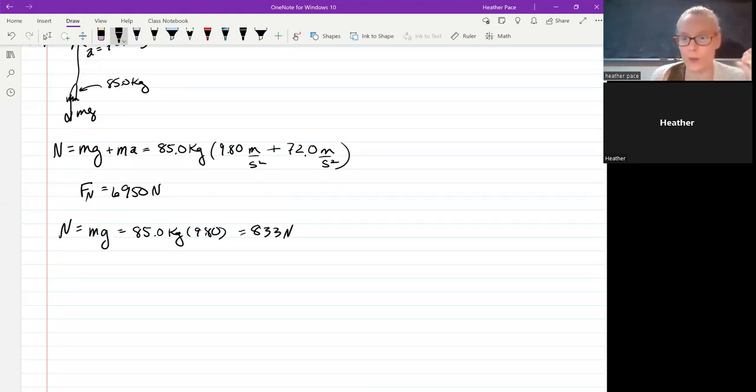So 833 newtons is the force of the electrons pushing you up, relatively close to the center of the earth, just standing around. 6950 is what it is for this rocket.